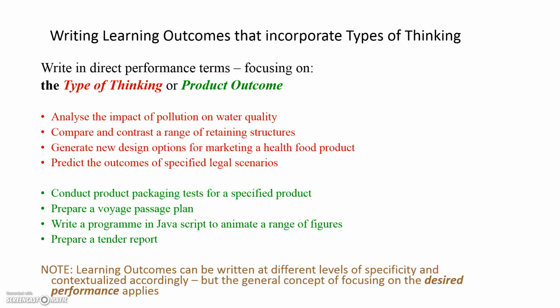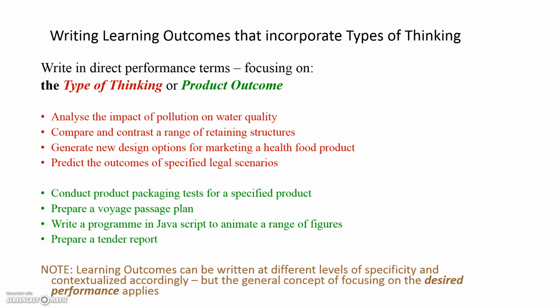One is to focus on the type of thinking, like we saw in the business studies module prior, very much focused on thinking, and here's some more examples across different curriculum. For example, dealing with pollution: analyse the impacts of pollution on water quality; compare and contrast a range of retaining structures. That would be civil engineering.